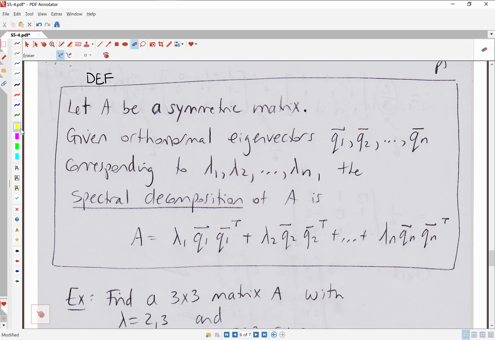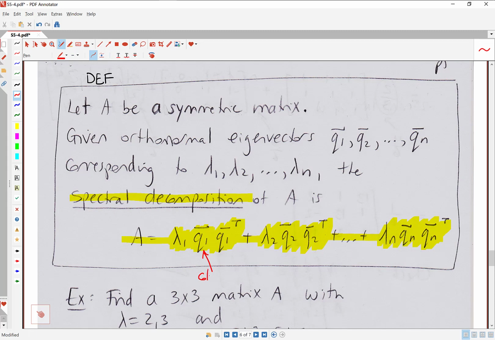So given that, we can build what's called the spectral decomposition of our matrix A. And what that does, it describes A in terms of its eigenvalues and eigenvectors. So the formula is take the first eigenvalue, multiply it by the first eigenvector, and then multiply that by itself transposed. And you're just doing a sum of things like that.